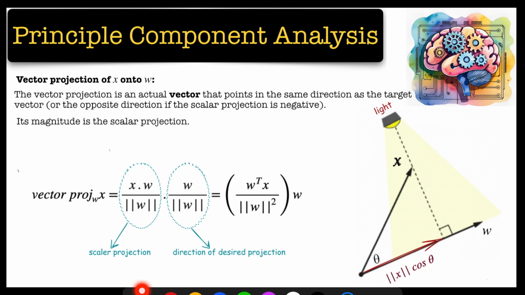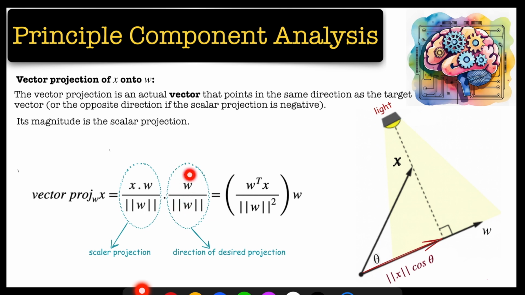So the vector projection of X onto W will be this multiplied by this. What is this? X dot W divided by norm of W. This is the scalar projection. And W divided by norm of W is the direction of the desired projection. If we divide the vector W by norm of W, we get its direction.